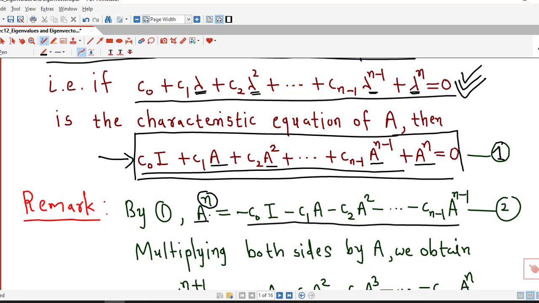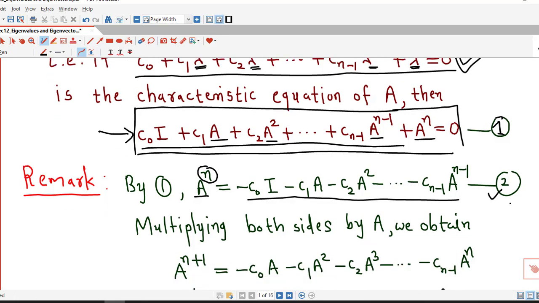Now if we want to calculate more powers, we can keep on multiplying by matrix A with this equation. So if we multiply both sides of this equation 2 by A, we obtain A raised to n plus 1 equal to minus C0 into I into A, that is A, minus C1 into A square, and so on.